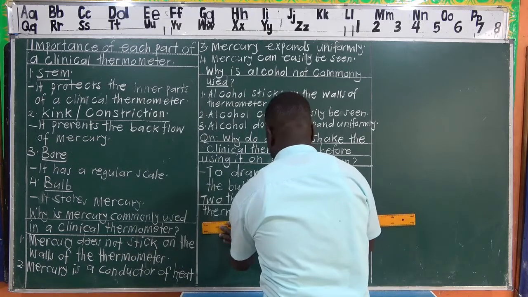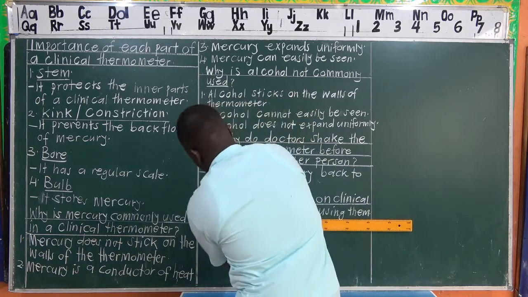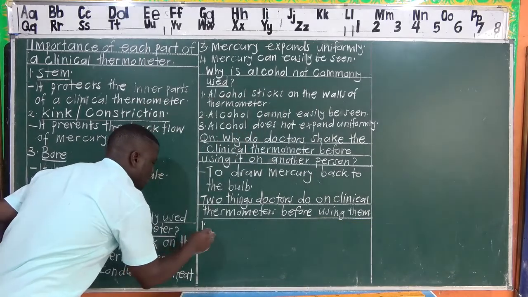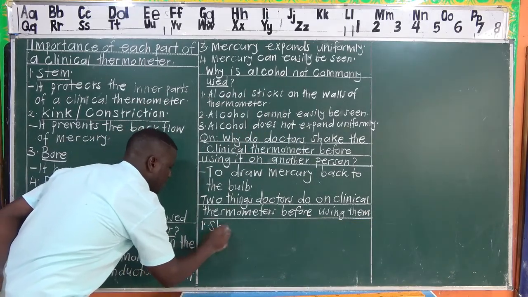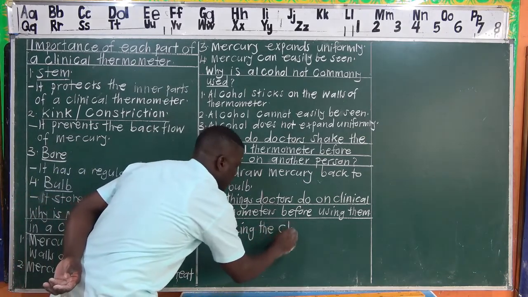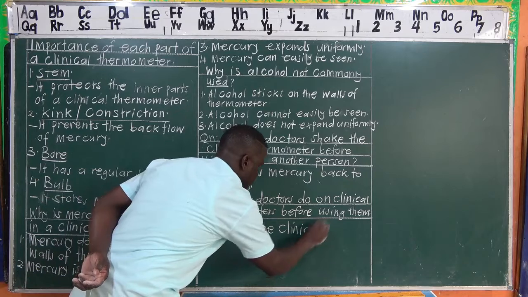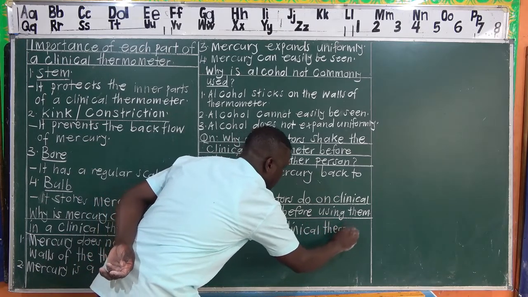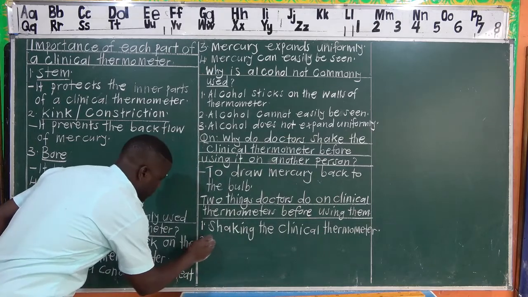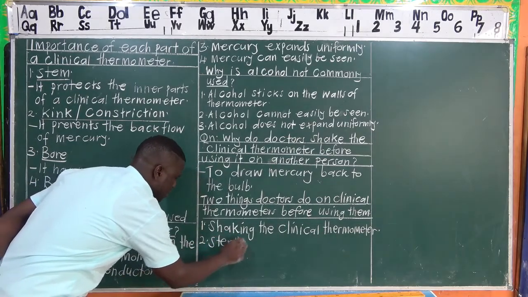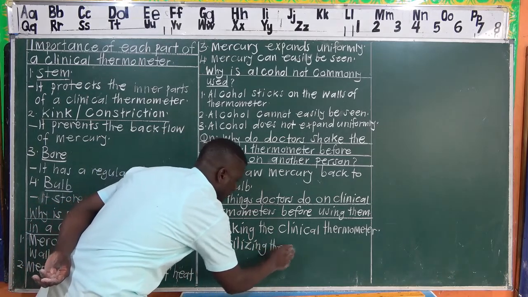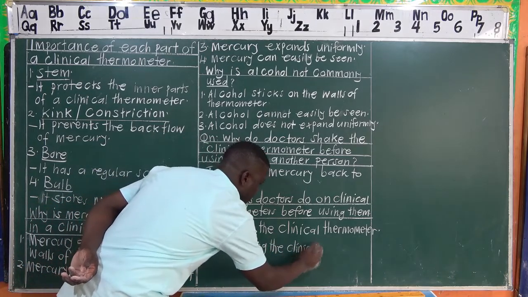There are two things which doctors must do on clinical thermometers before using them on a patient. One is shaking the clinical thermometer, then two, sterilizing the clinical thermometer.